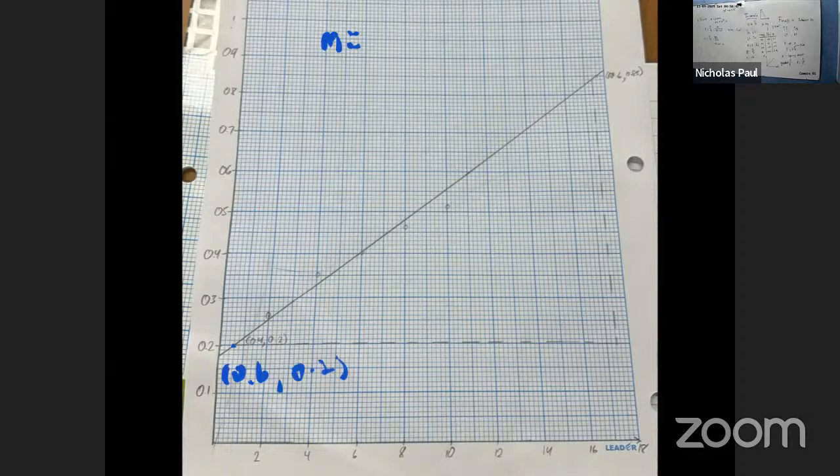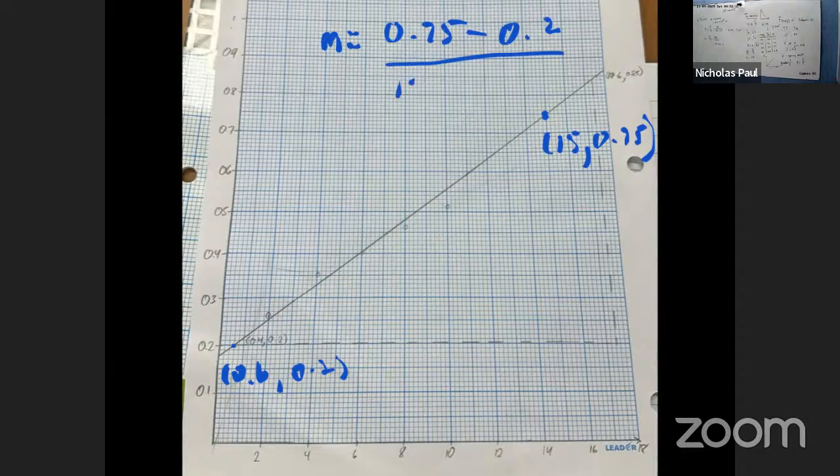And I'll pick something easy going up here, that looks like 15 on the x-axis and 0.75 on the y-axis. So I'm going to work it out: 0.75 minus 0.2 over 15 minus 0.6. How much is that?